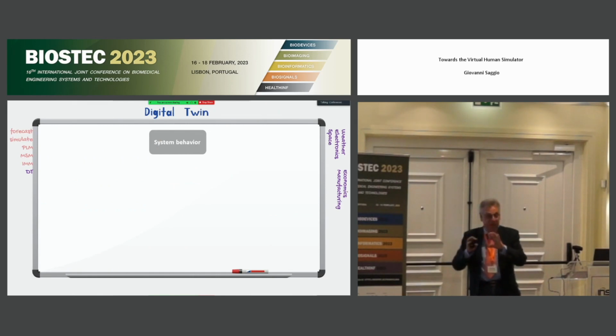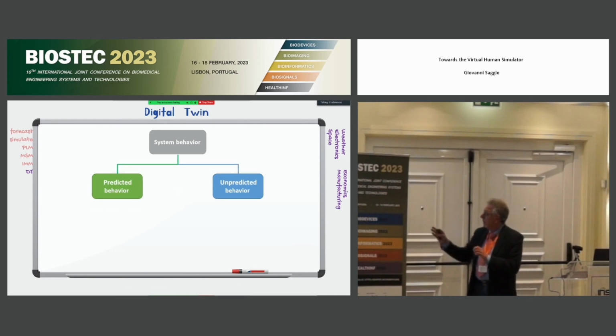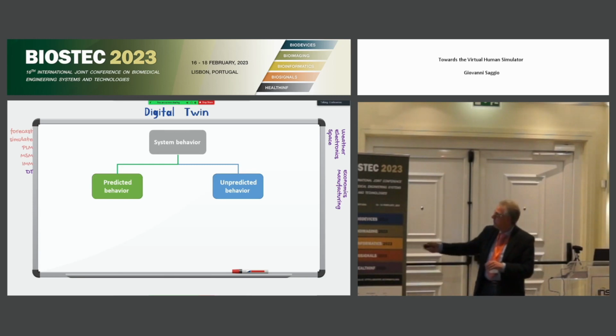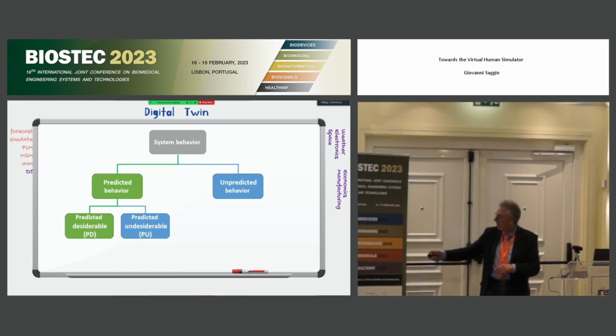The importance of digital twin is strategic when we think about the system behavior. The system can behave in a predictive way or in an unpredicted way, of course. But when we go to the first one, the predictive behavior, we can have a predicted desirable behavior or undesirable behavior, okay?